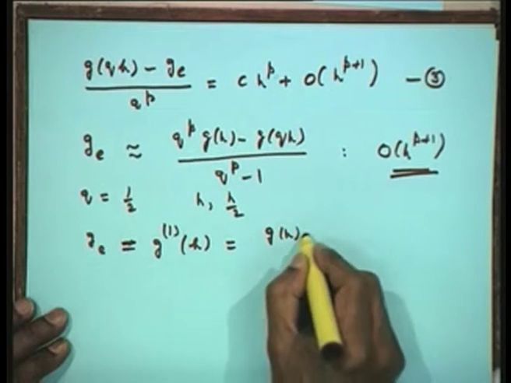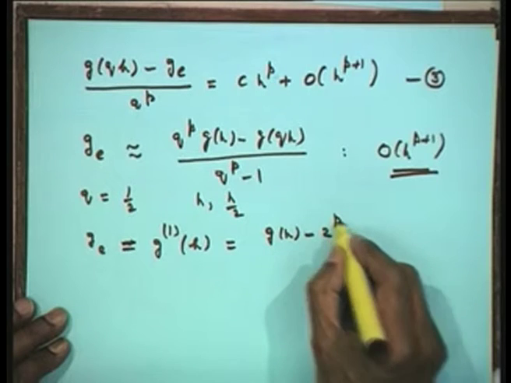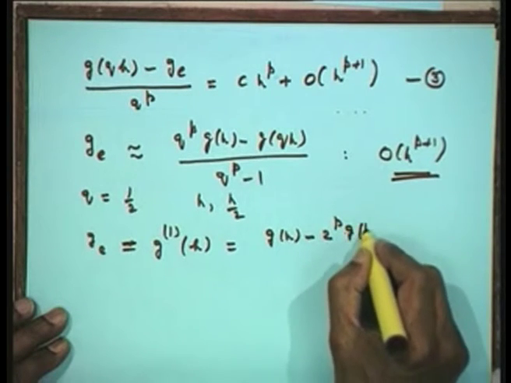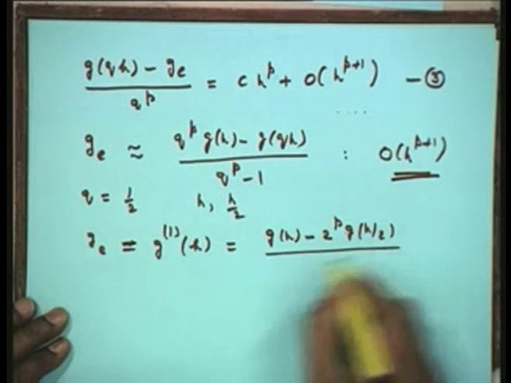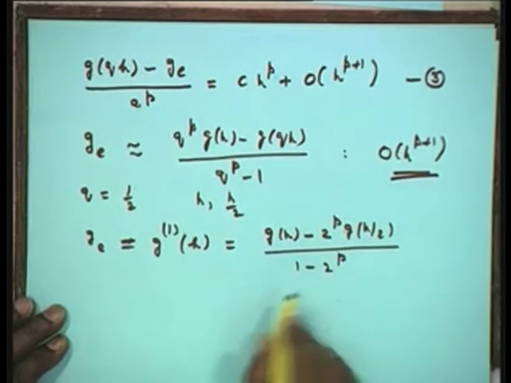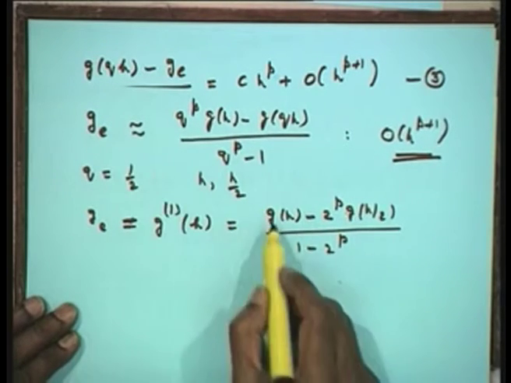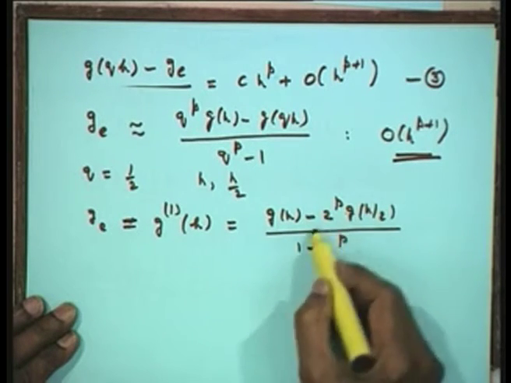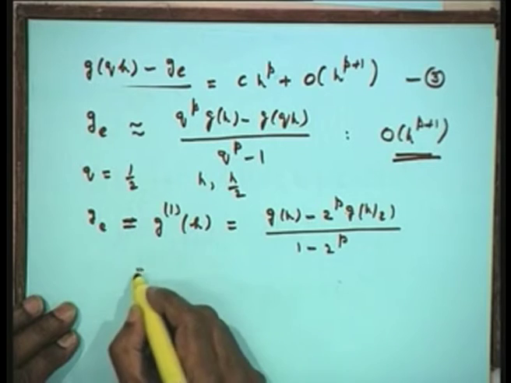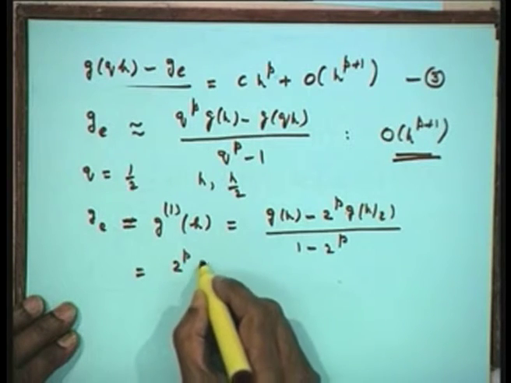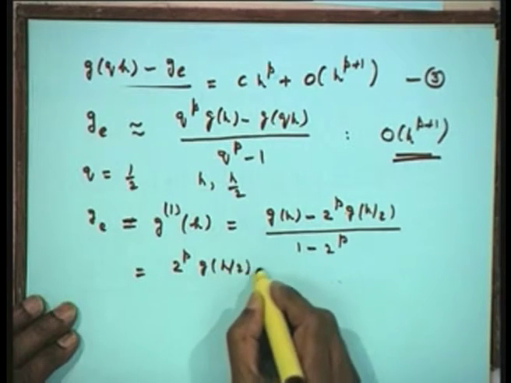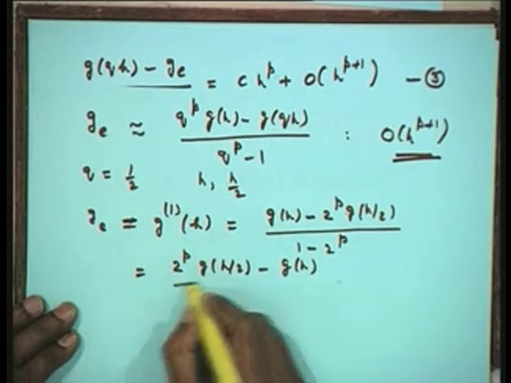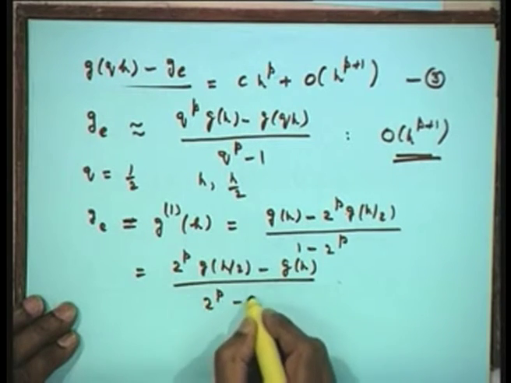G of h minus 2 to the power of p G of h by 2 by 1 minus 2 to the power of p. This is 1 upon 2 to the power of p, I have multiplied it, and 1 upon 2 to the power of p, I have cancelled off 2 to the power of p. This we can write as 2 to the power of p G h by 2 minus G h upon 2 to the power of p minus 1.